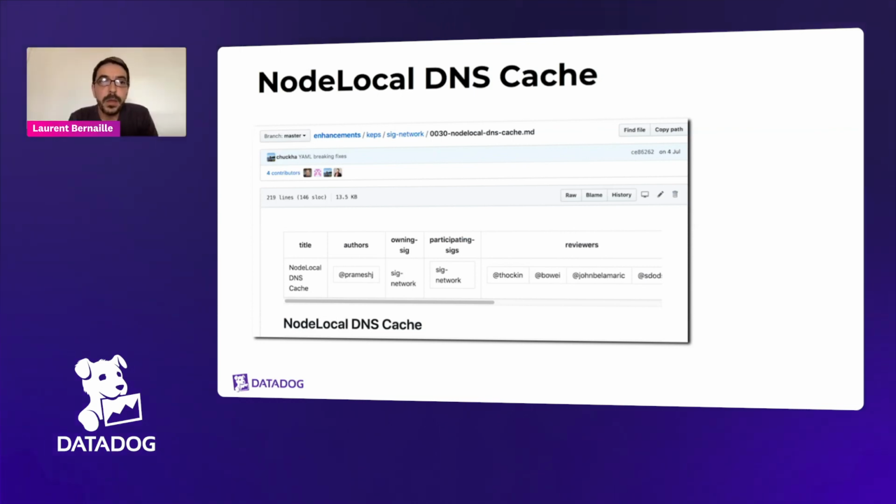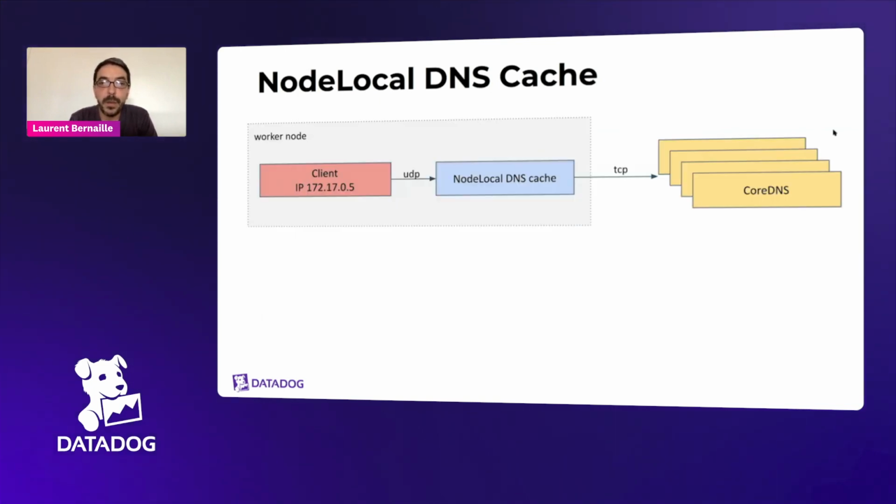So we were not the only ones facing the issues I was describing before. Many people were facing them and many people were looking into solutions. And the solution people came up with was to use a local DNS cache on every node. And the main advantage of having a cache would be, for instance, you won't do UDP traffic to outside the host.